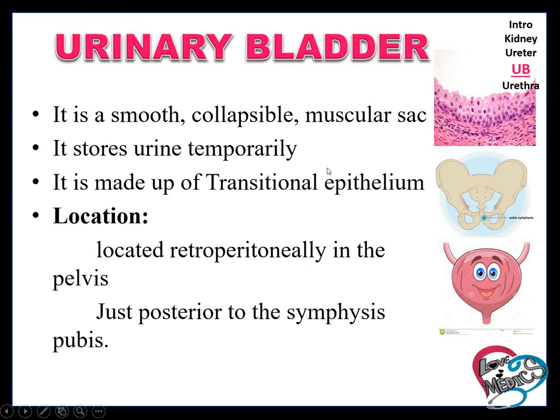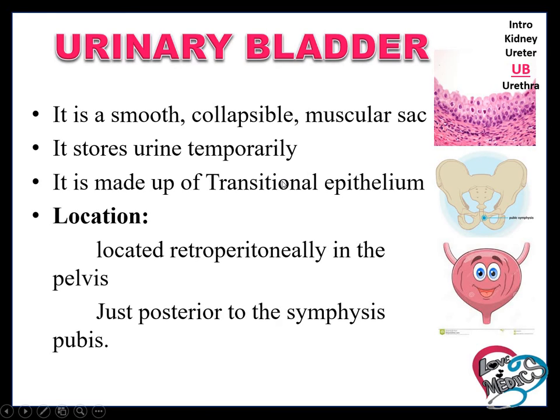Urinary bladder: it is a smooth, collapsible muscular sac. It temporarily stores the urine, and it is made up of transitional epithelium. Transitional epithelium means the epithelium has the ability to change its shape and size.